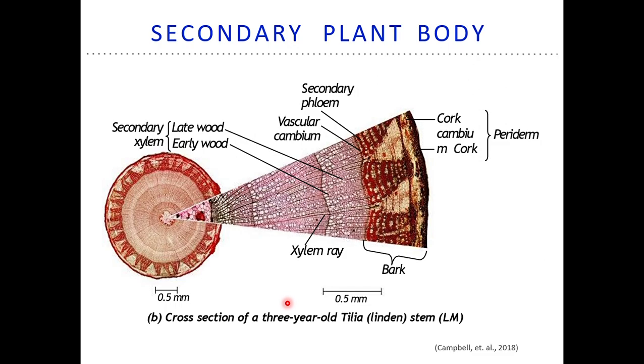Here's another figure showing the cross section of a 3-year-old tilia stem. Similar structure. Secondary xylem, late wood and early wood, vascular cambium, secondary phloem, cork cambium, and cork, and the bark.